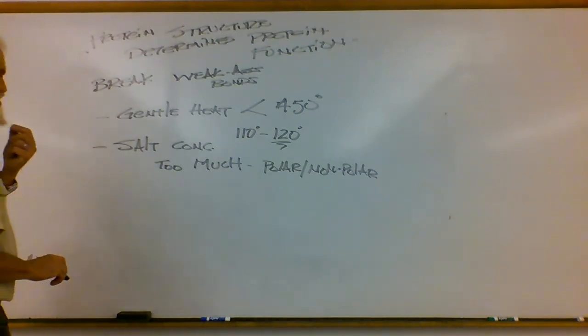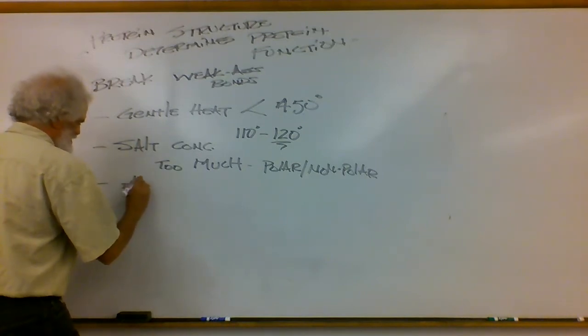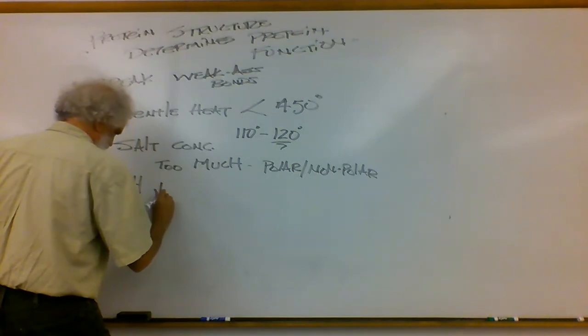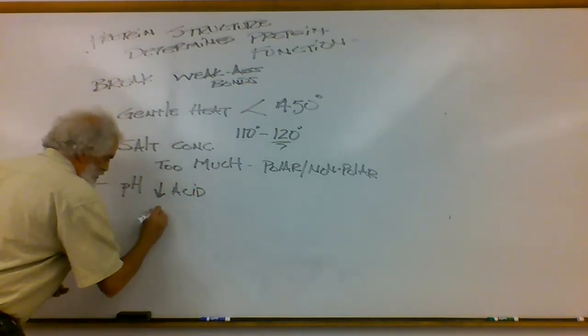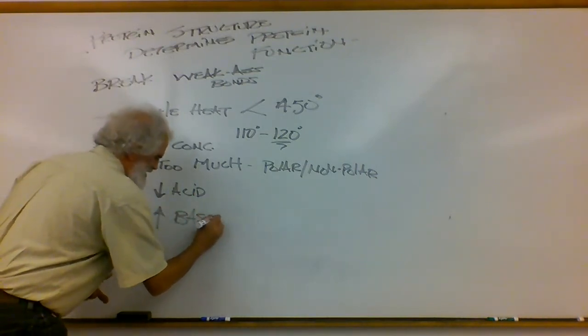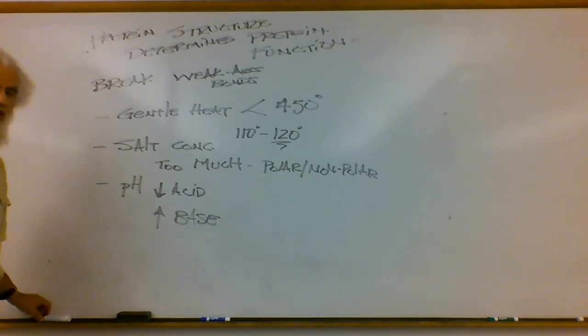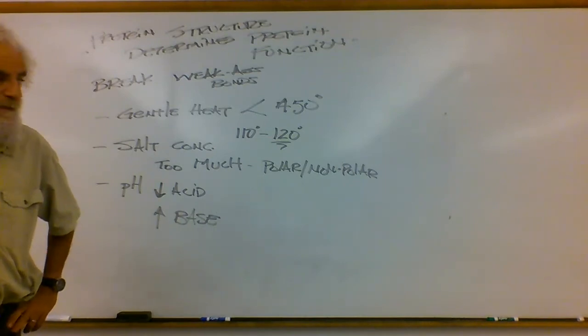Another thing we can do is adjust the pH. Bring it down, that is, add acid, or bring it up and add base. These are the standard ways you would go about to break weak-ass bonds.